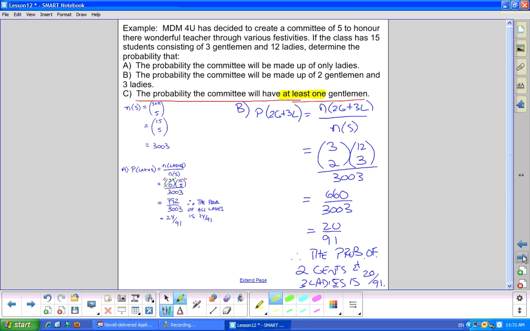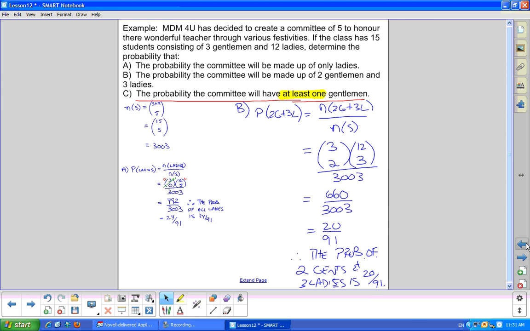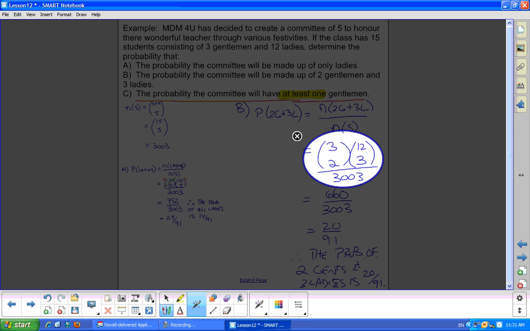So that means that you should have, for C part, 1 gentleman plus 2 plus 3 plus 4 plus 5. Okay, so that means you're going to have to go through and create a solution with 5 of these, looking at all 5 cases I listed. All right. Now that's not actually true because we only have 3 gentlemen available.